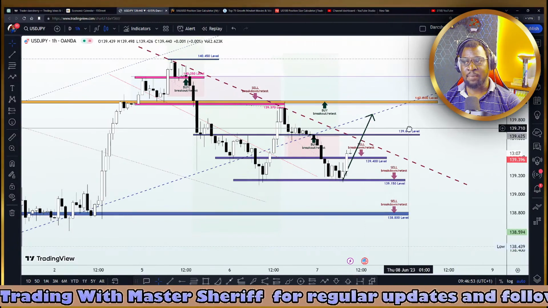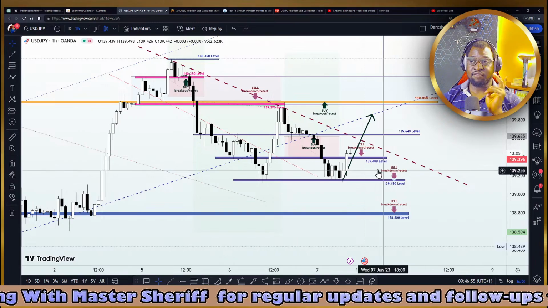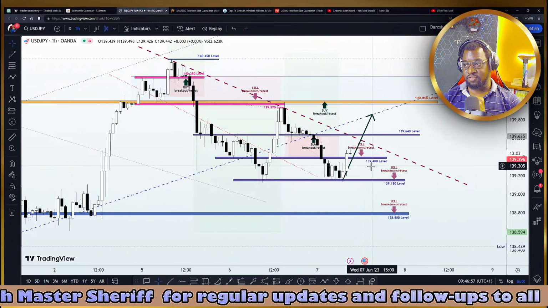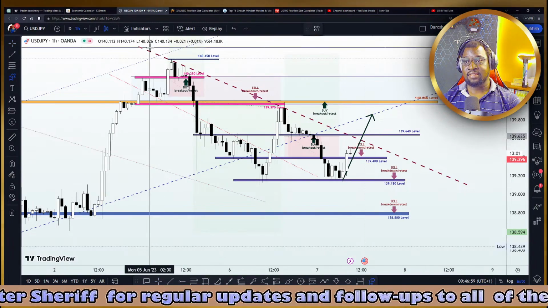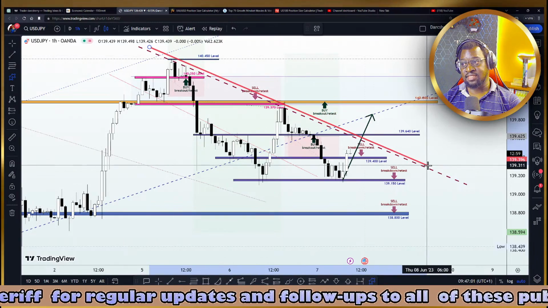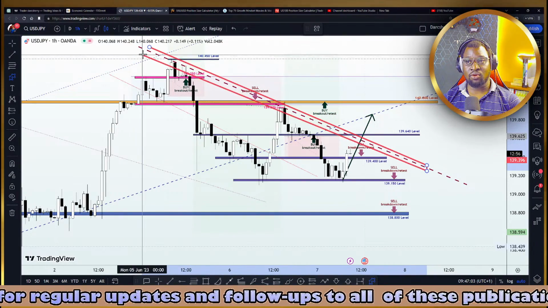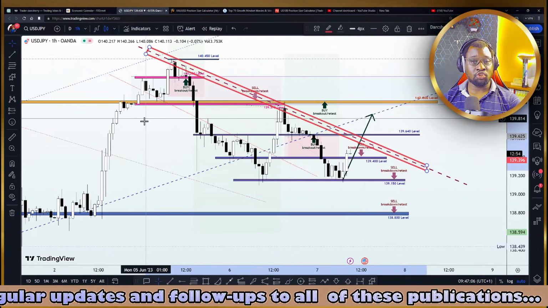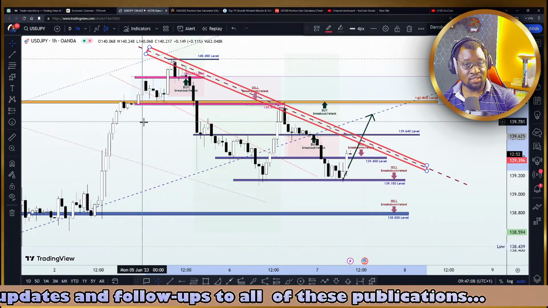So in a quick recap of what we talked about, we have two structures that will be guiding us for today. The first one is this bearish trend line, which means that as long as price remains below the trend line, we look out for structures that support opportunities to sell.